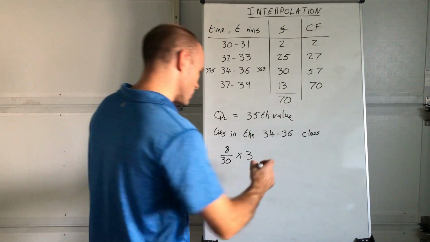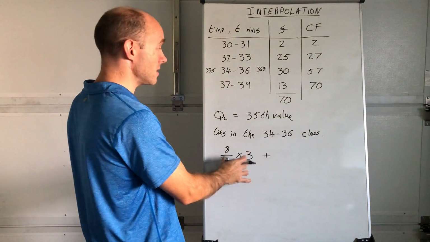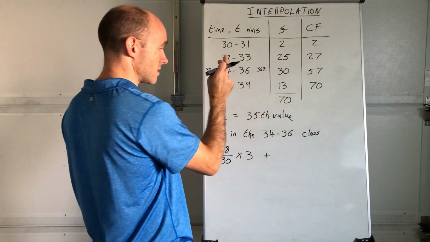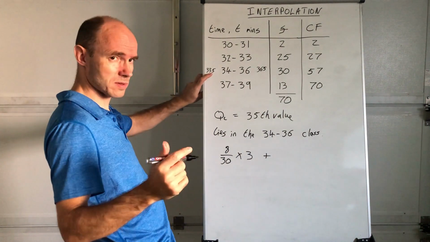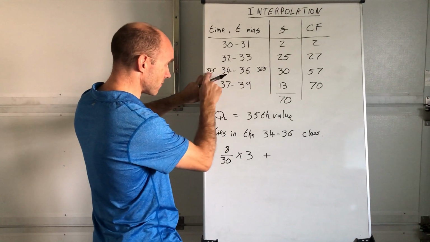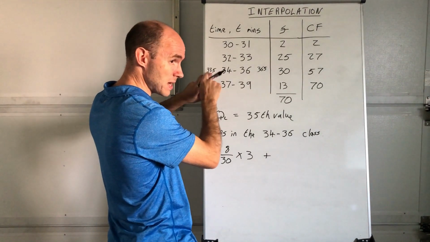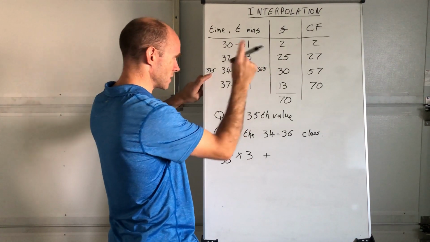What do you do next? Well, that will give you a value, a time in minutes. But what does it start at? Again, you've got to be careful with this. It starts at 33.5. You basically have to read these classes as the very first figure to appear in this interval being 33.5, and the very last one 36.5.